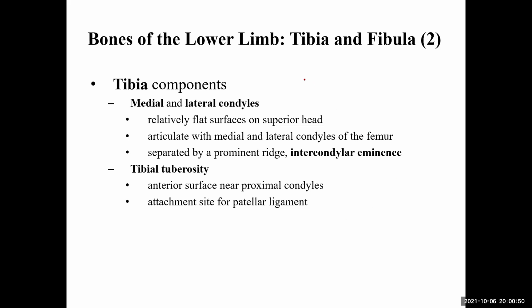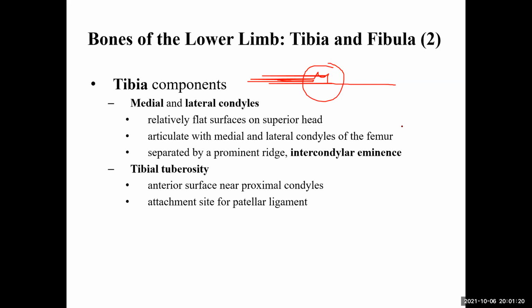And it's going to be like this. You have a flat surface, then you have this little raised area here, and then you have another flat surface. And this raised area is called the intercondylar eminence. It's a site of attachment for ligaments. All right, so staying on the proximal epiphysis, you're going to see there's a bump right below your knee, okay?